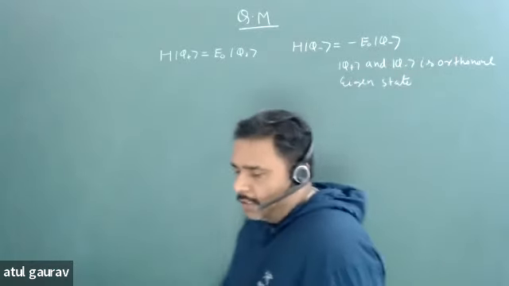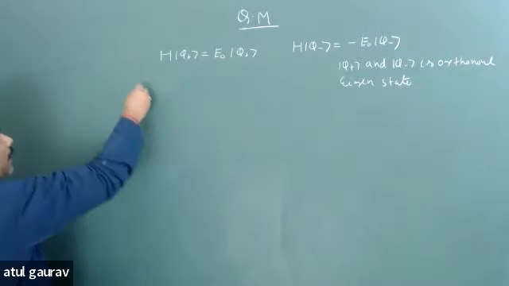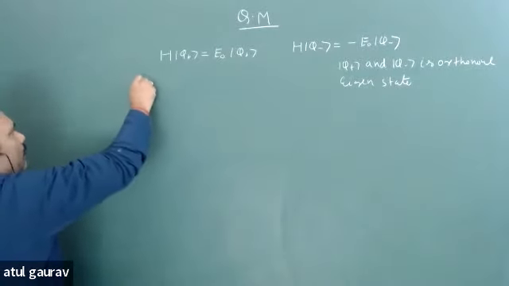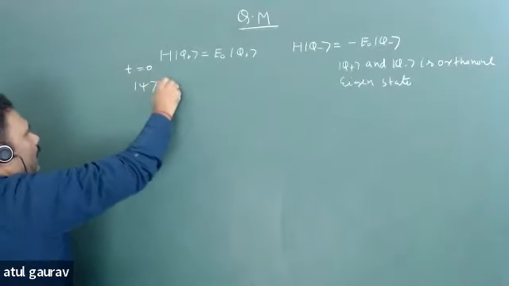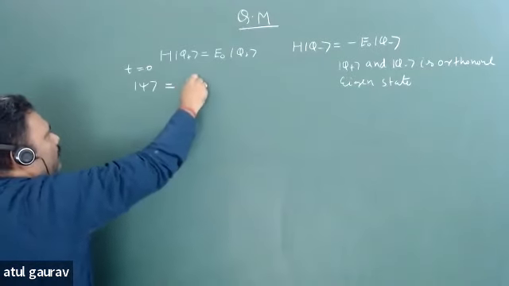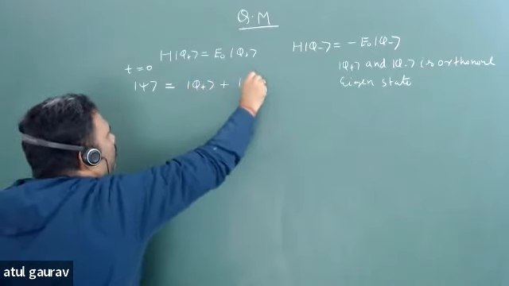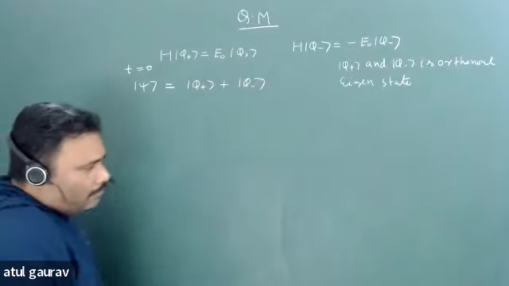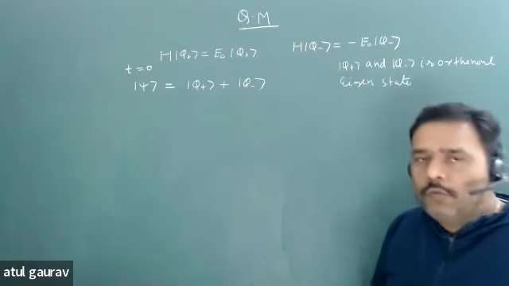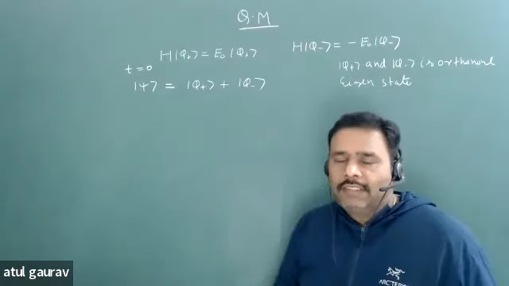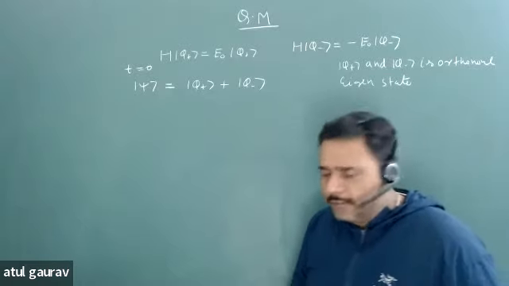So we have to calculate a lot of things. So we have some state psi at t equal to 0, and this state is basically a superposition of phi plus and phi minus. This is a two-state system, you can just assume. So your particle will be either in the phi plus state or in the phi minus state.